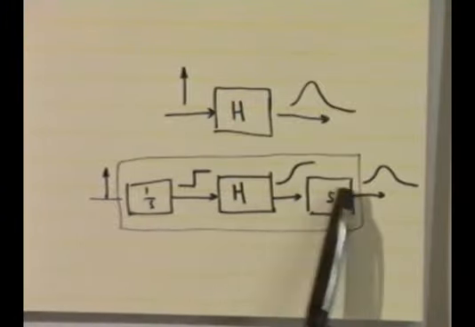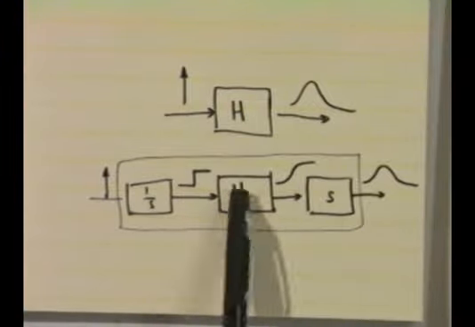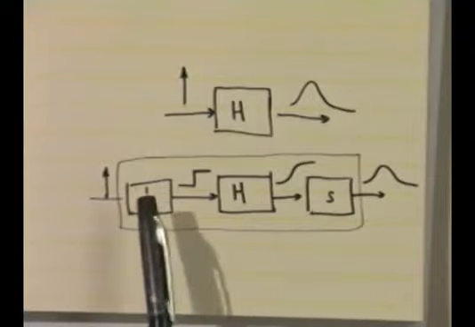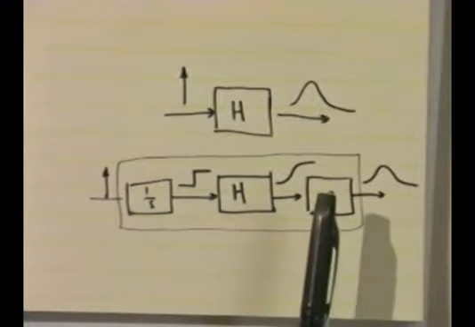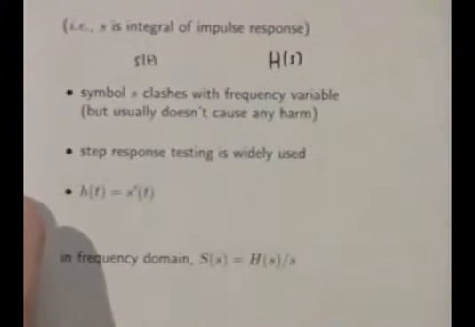And this triplet of convolution, these are all convolution operators. So this is like this horrible triple convolution. But sure enough, just by inspection looking here, an integrator followed by a convolution system followed by a differentiator is in fact the same as that. Right? And so this is what allows you to do this. So that's sort of the idea behind step response testing.